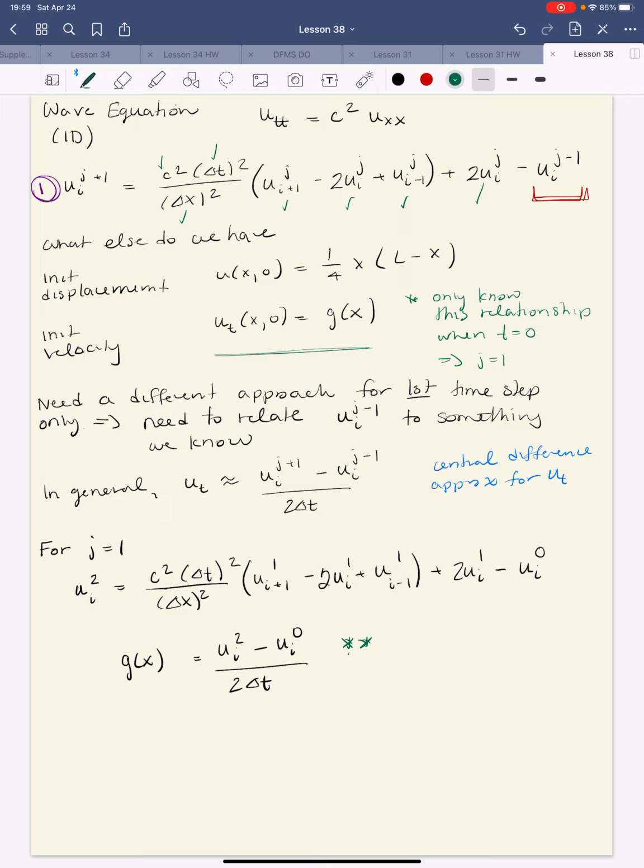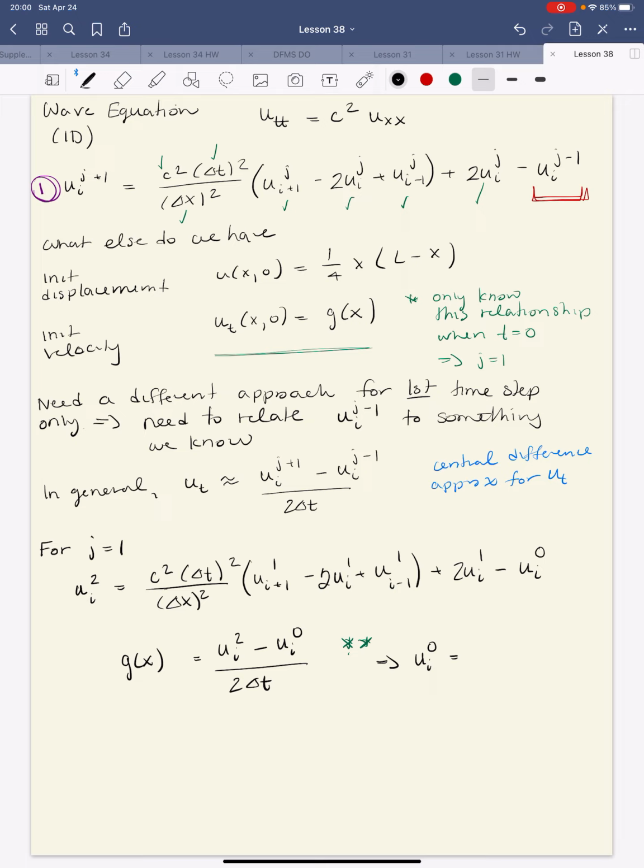So let's solve for u sub i, 0, because that's actually what we don't know. That's our unknown. So u sub i, 0 is equal to, so I'm just going to multiply both sides by 2 delta t, and then you subtract u sub i, 2, but then you flip the signs.